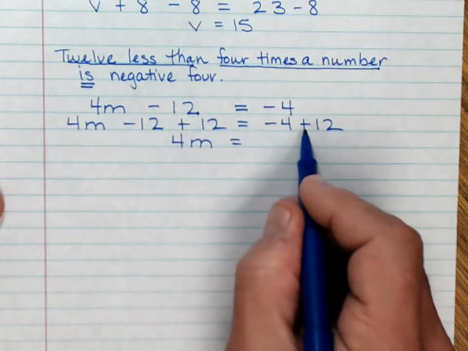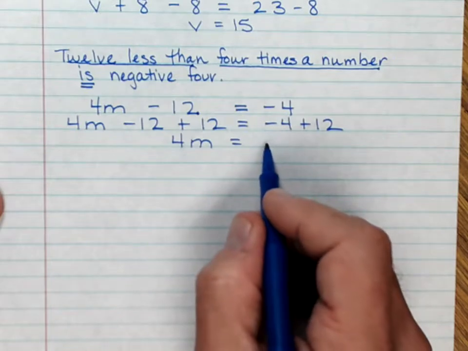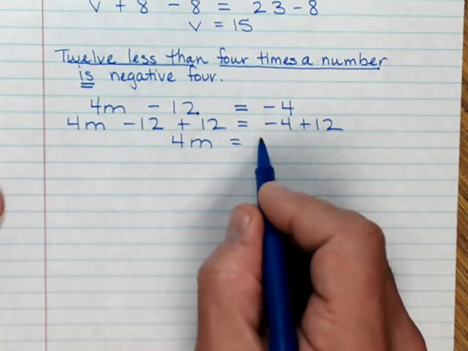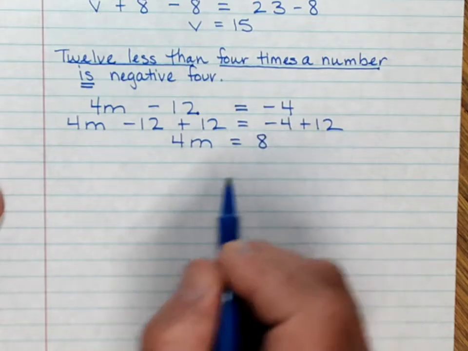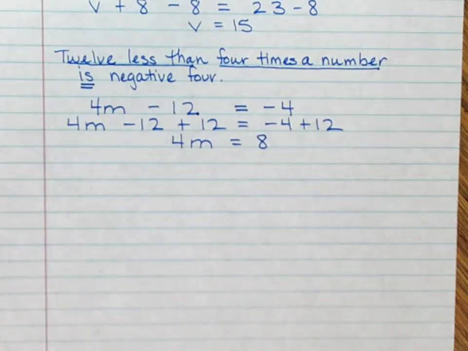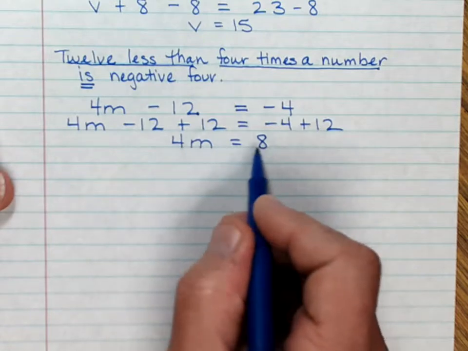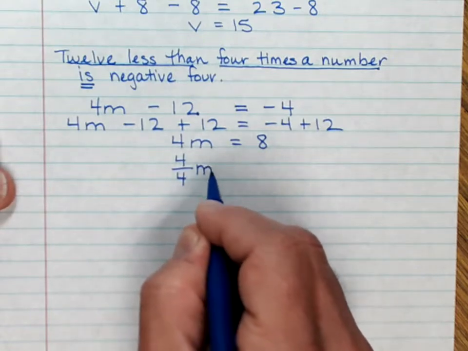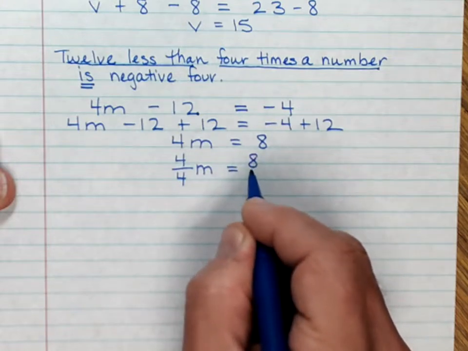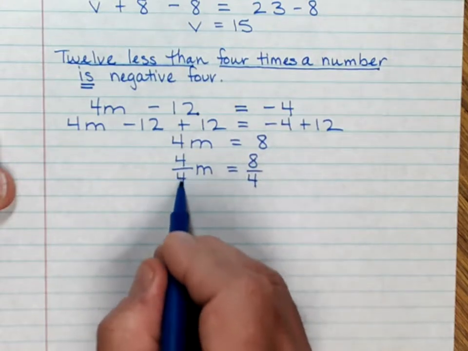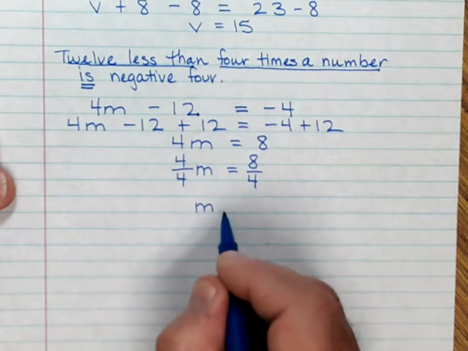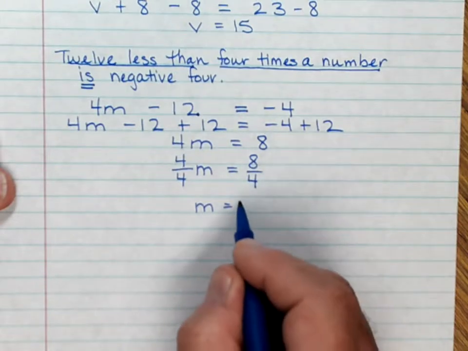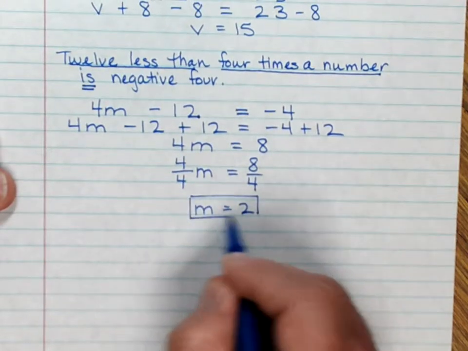And negative 4 plus 12 is, I was hoping you're saying this in your head, 8. That's just 12 minus 4. 4m equals 8. So let's divide by 4. This is how we're going to end up with m by itself. 4 over 4 is 1. 8 over 4 is 2. So there it is.